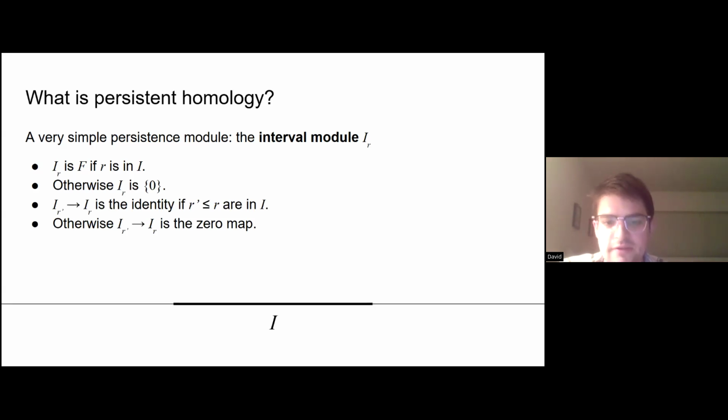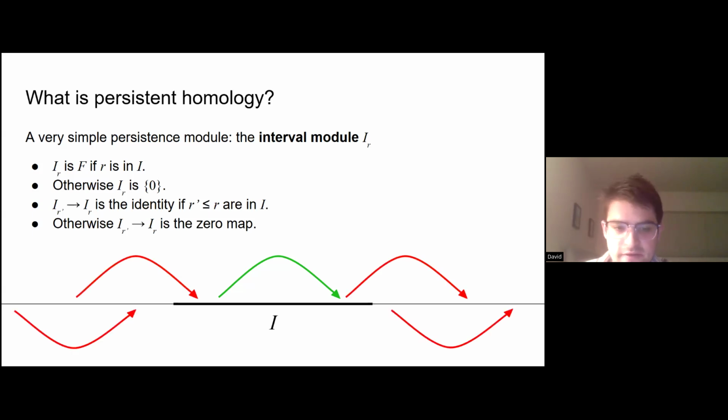So like in a picture, if this is the real line with my interval I on it, this interval module will give me a copy of a one-dimensional vector space every time I'm in I, and a zero-dimensional vector space every time I'm outside of I. And then this linear map from this lower index to this higher index will be the identity, and all these other ones will be the zero map.